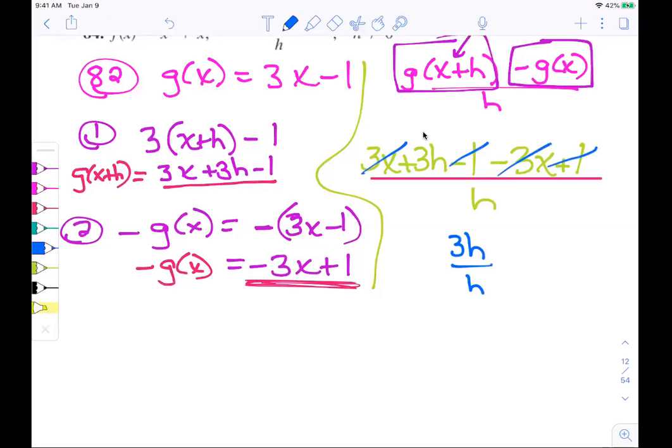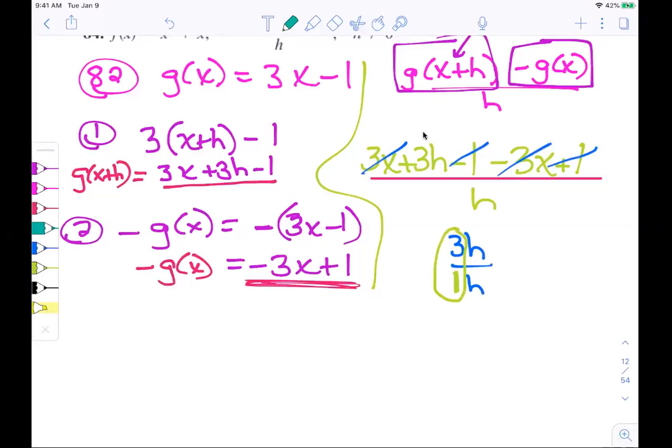And then, Brenna, what can I do with those pieces? Can't you make it 2h? Because you can take an h out. We can take an h out, but when you have a fraction and there's something in common, this h underneath has a 1. And remember, the numbers stay together, so that's really 3 divided by 1.